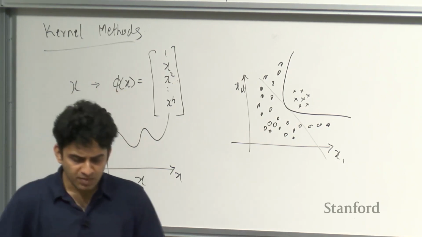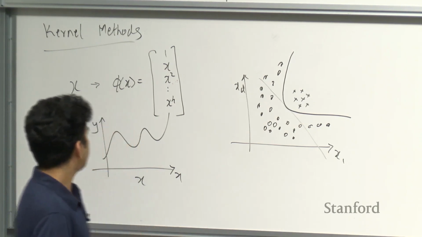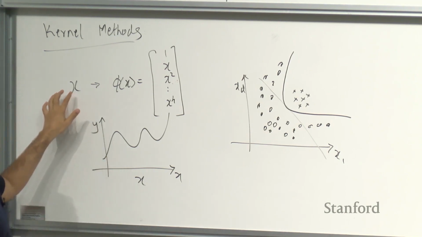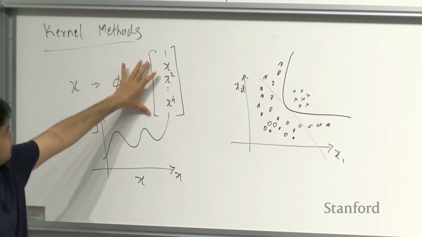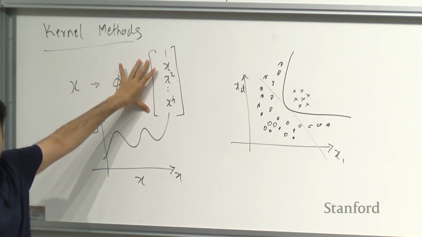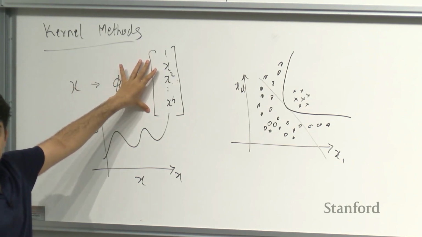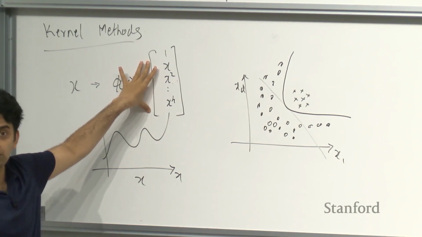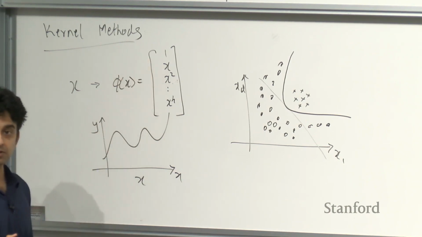Now, this seemed a little arbitrary. For example, how many features do we map it to? In this case, we mapped a one-dimensional feature to 5 dimensions. Why not map it to 10 dimensions? What's the right answer? Why not map it to 1,000 dimensions? Or even why not map it to an infinite number of dimensions?